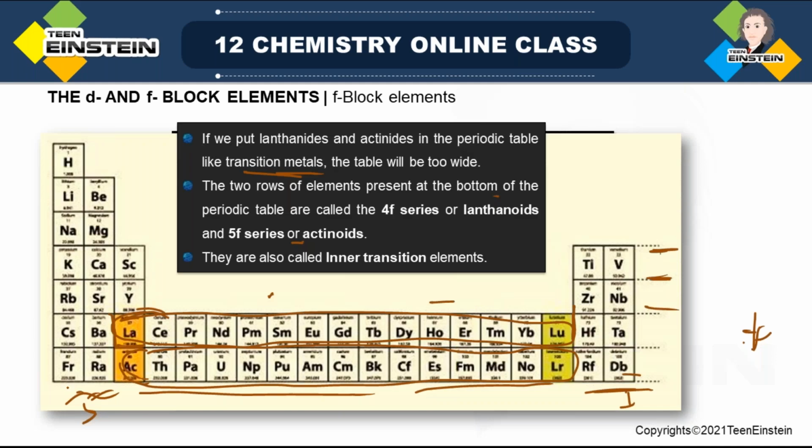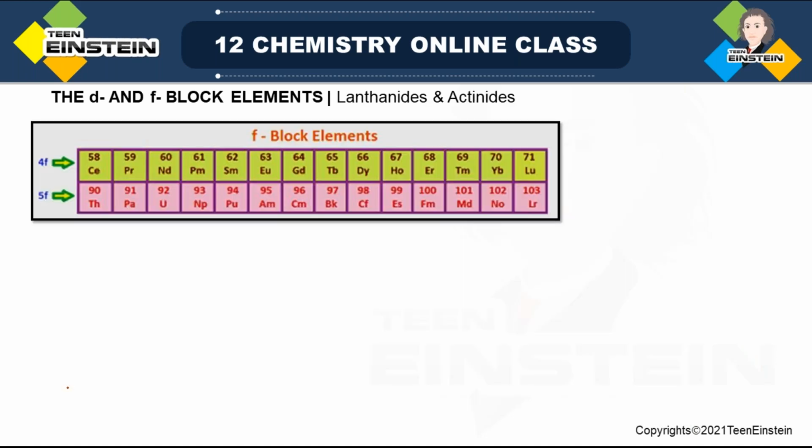Is there any doubt about why these 4f block and 5f block are not directly placed in the periodic table, but are mentioned just below the periodic table separately? So in this table we have only the F block elements. 4f block because here electrons are gradually filling in the 4f, and 5f block because electrons are gradually filling in the 5f.